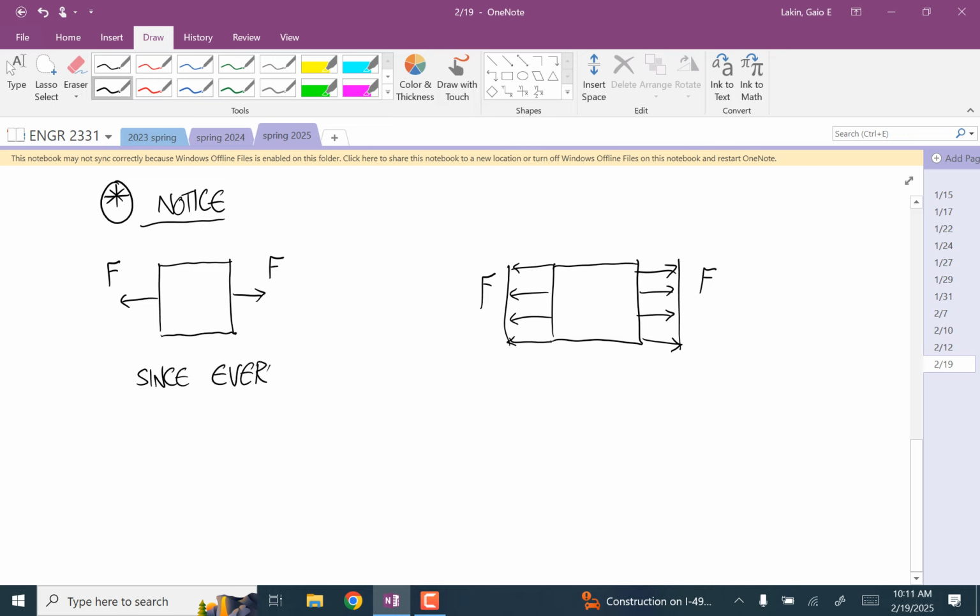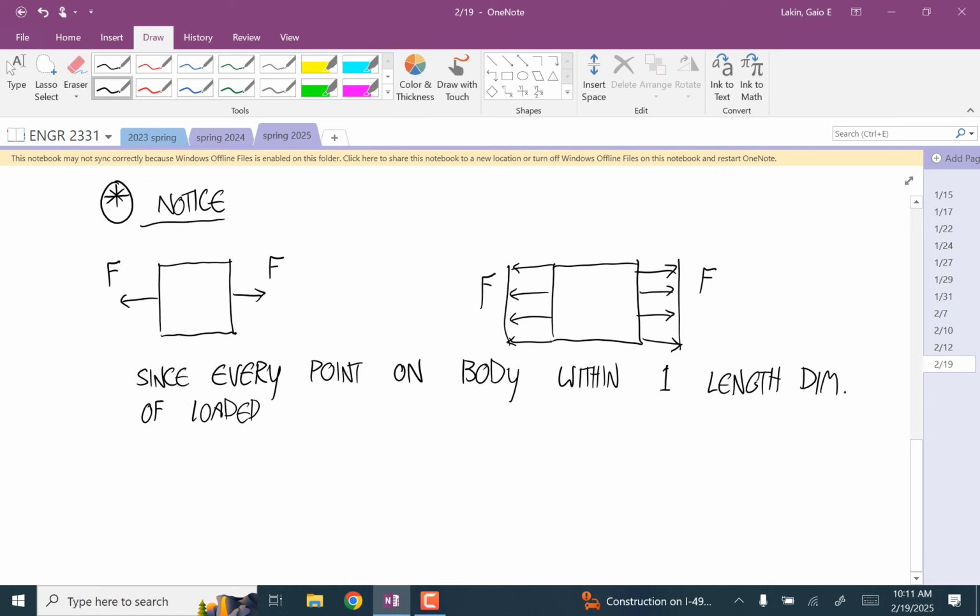Since every point on the body is within, you know, one length dimension of the loaded face, in this case, this would give no useful answers. Anybody have any questions about that?